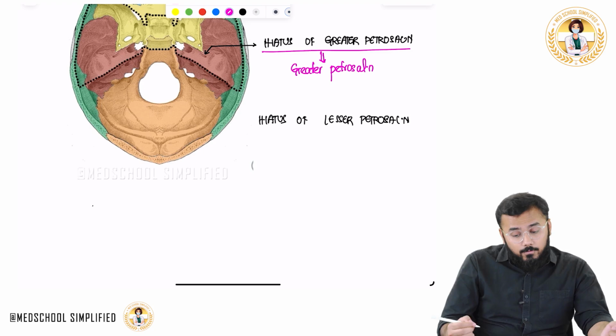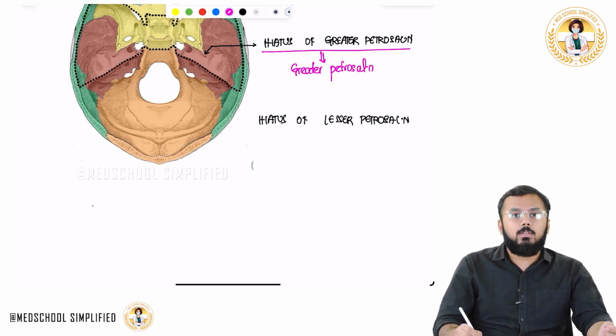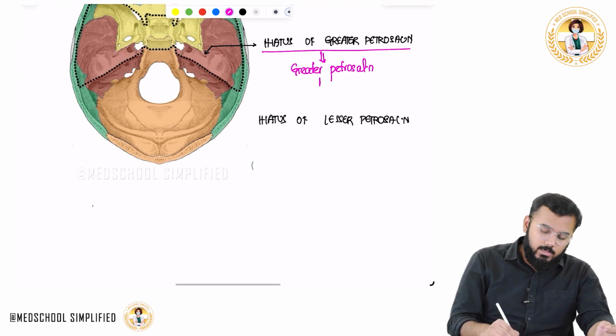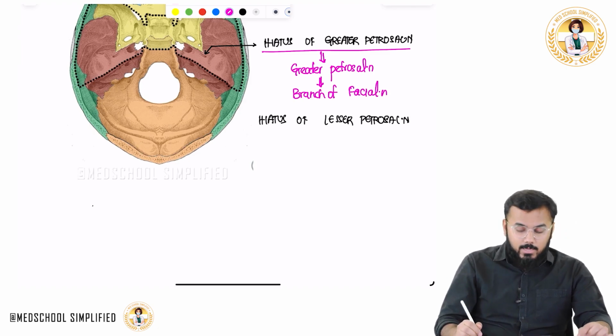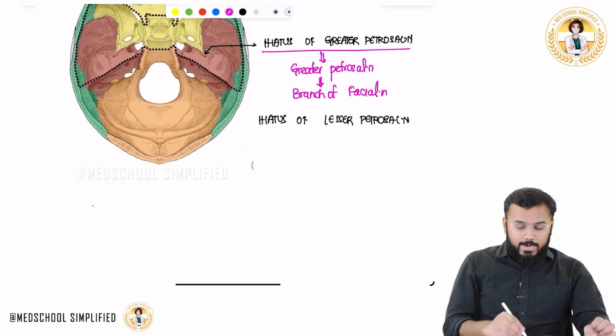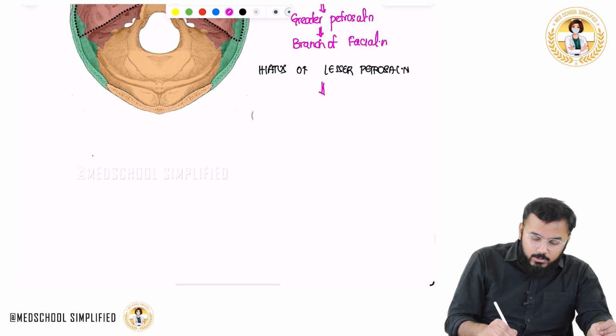From where is this greater petrosal nerve coming? This greater petrosal nerve is a branch of the facial nerve. Okay, in the same way you have got another one called the hiatus of lesser petrosal nerve, right? So what is the name of this branch?